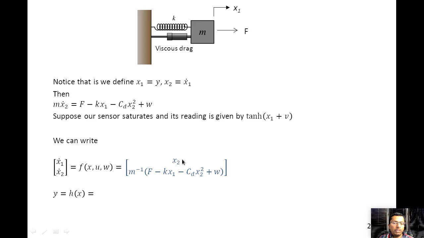So this equation just becomes m inverse times f minus k x1 minus C_D x2 squared plus w. And so this is the nonlinear equation. In this case, the y is going to be tanh of x1 plus v1. So essentially, this is the nonlinear equation that's being represented as an example here.